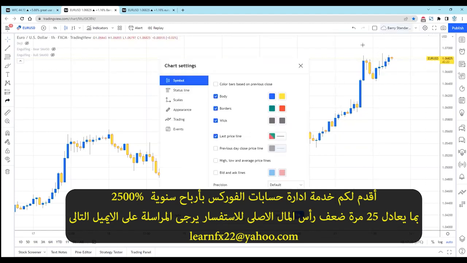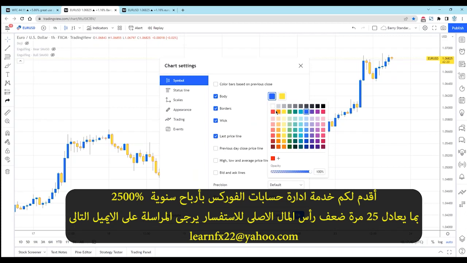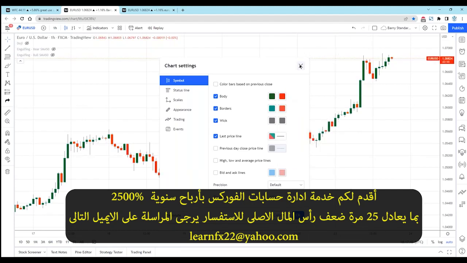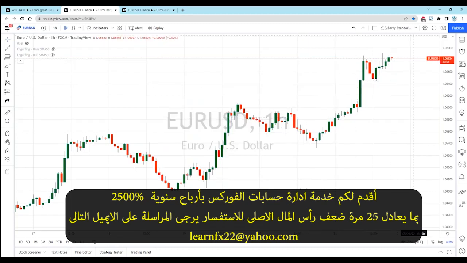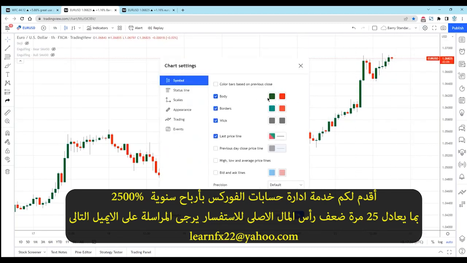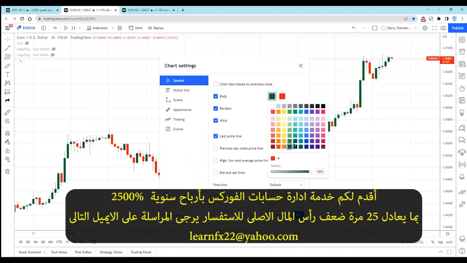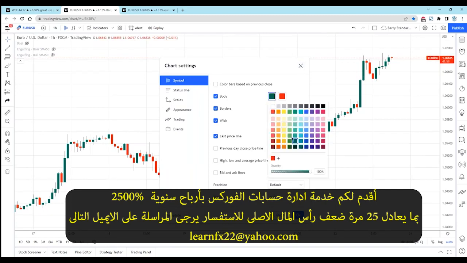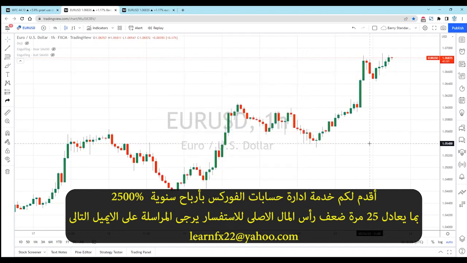You can change them again. But again, it comes down to just knowing which colors denote bearish and bullish.